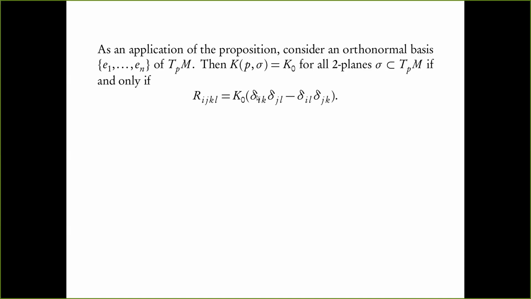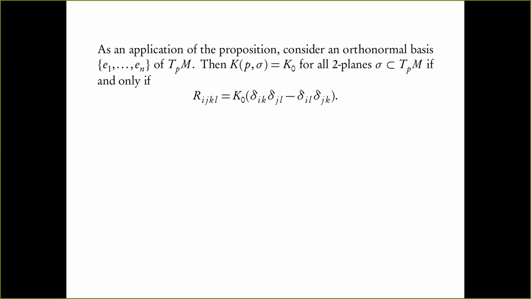If you calculate R prime, what do you get? It's the inner product of Ei, Ek, which is delta_ik because it's an orthonormal basis, times the inner product of Ej, El, which is delta_jl, minus the inner product of Ei, El, which is delta_il, times the inner product of Ej, Ek, which is delta_jk. So you get a very nice description at the end of the day.